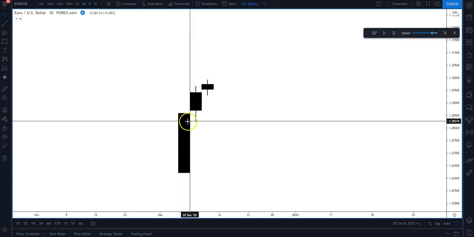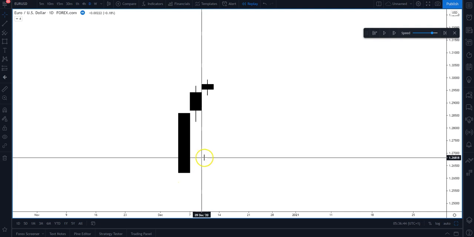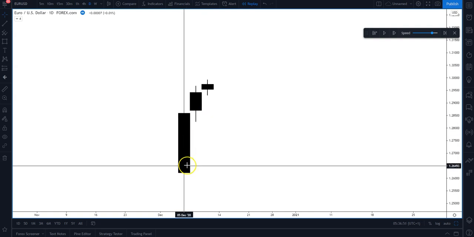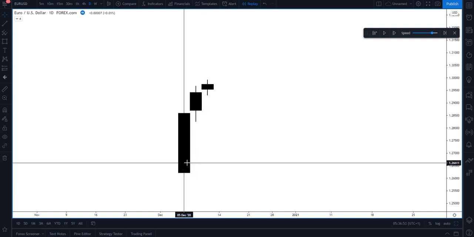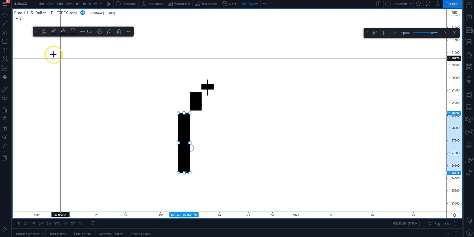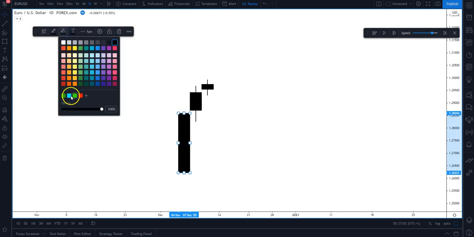Like, you have to understand what that means. Remember what I told you guys in the candlestick video: the candlestick represents the price action and the fight between the bulls and the bears, the fight between red and blue, or red and green, depending on how you color this.